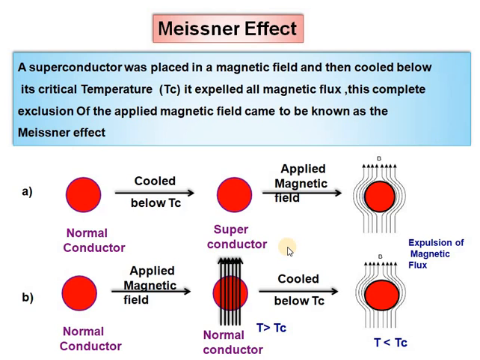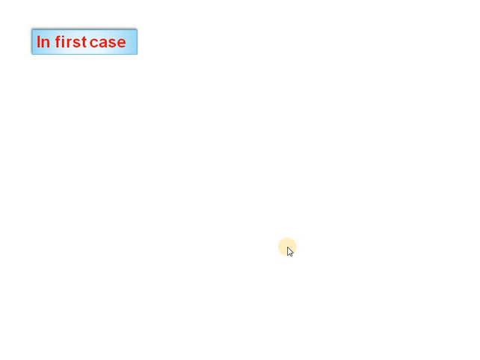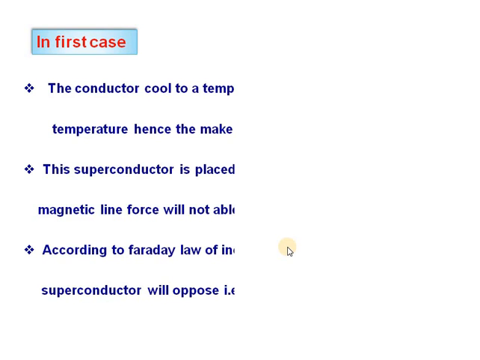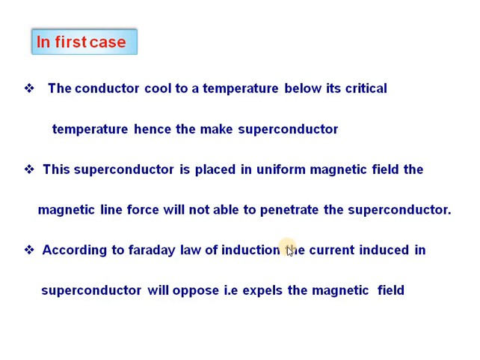Now we discuss in detail the mechanism which operates in the first case. Firstly, the conductor is cooled to a temperature below its critical temperature, and therefore it becomes a superconductor. Then we place this superconductor in a uniform magnetic field, and the magnetic field lines are not able to penetrate the superconductor.